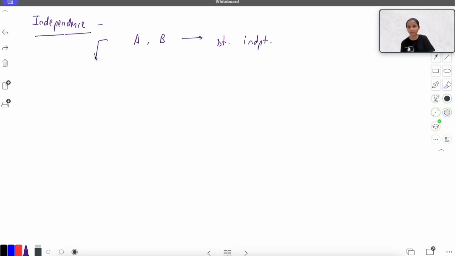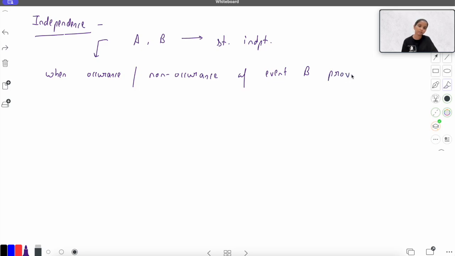Or you can say that when the occurrence or non-occurrence of event B provides no information about whether event A has occurred or not. That's a very simple definition.